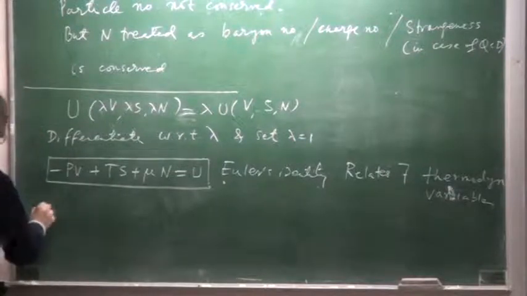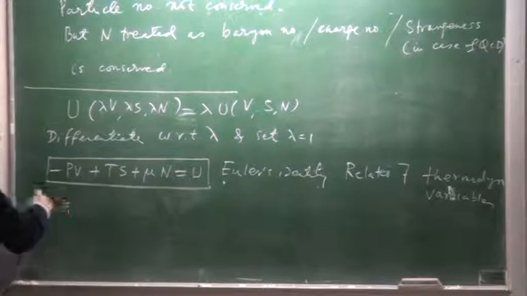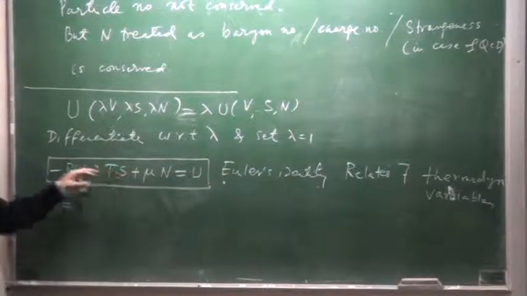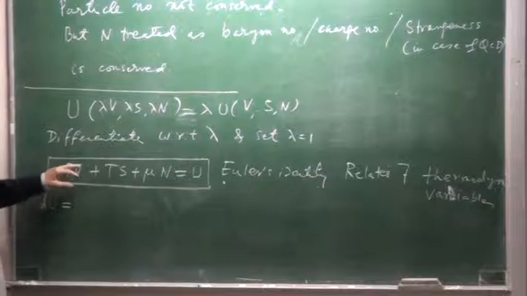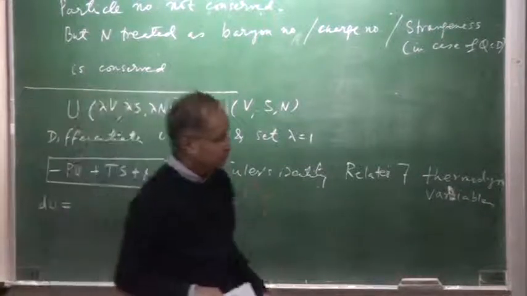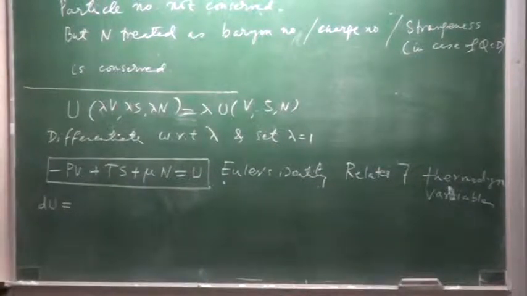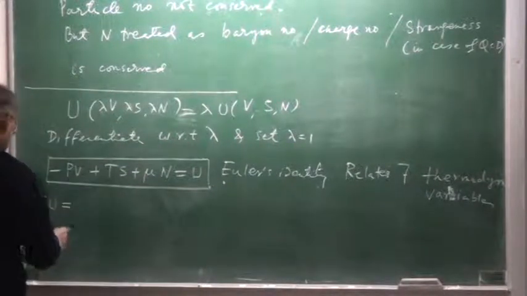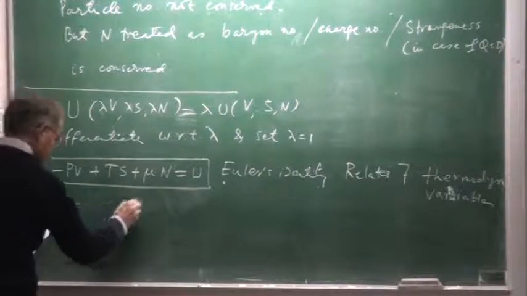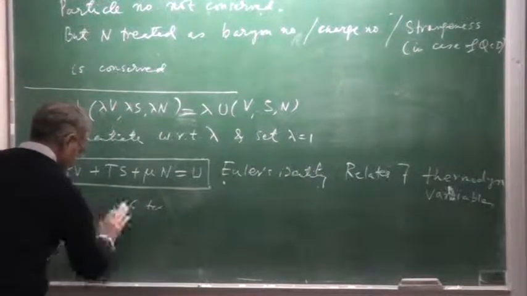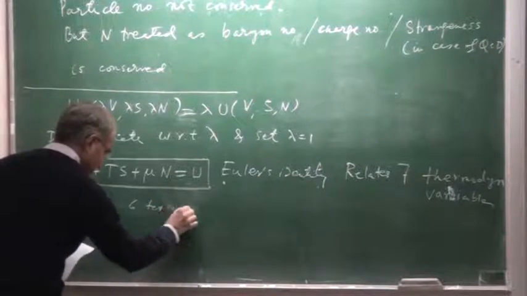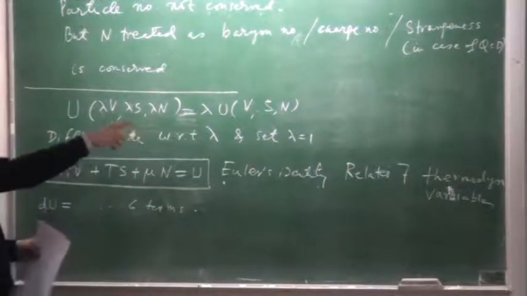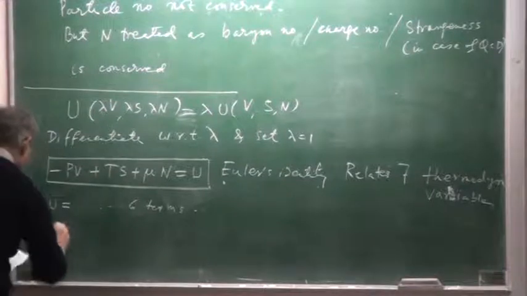If you take dU, you will get 6 terms. Out of those 6, the sum of 3 of them vanishes because of this. So do this, there will be 6 terms. Then use that relation, which will give you V dP.